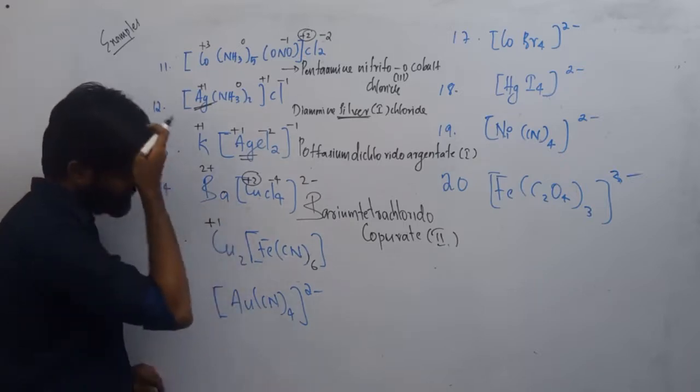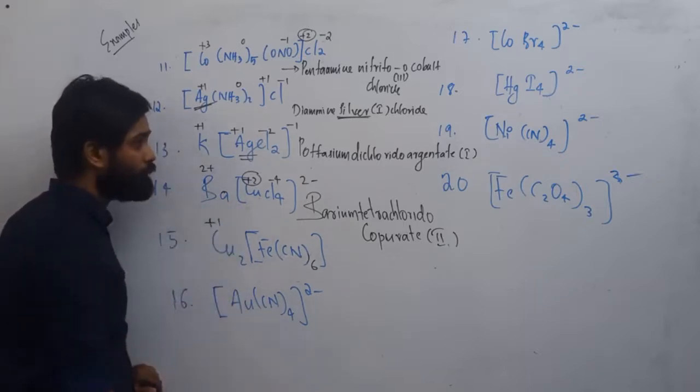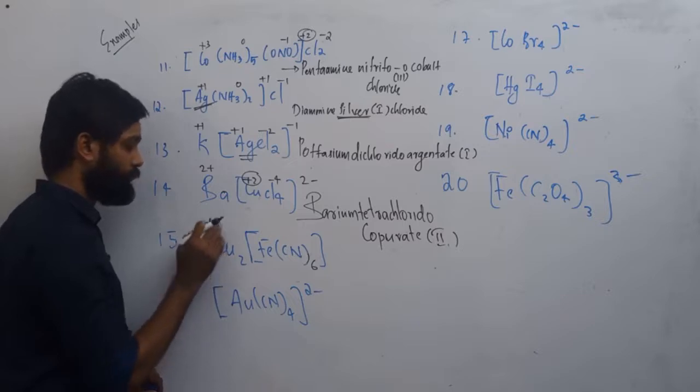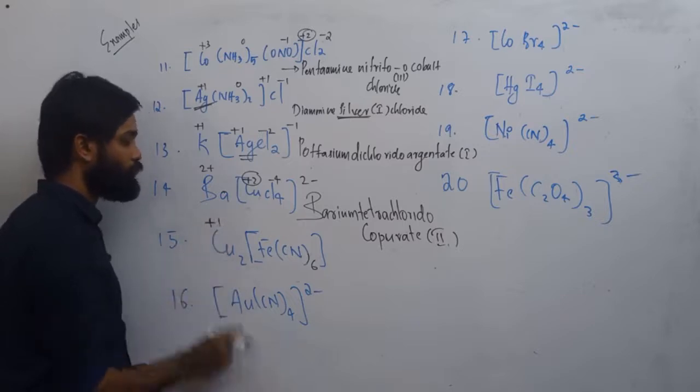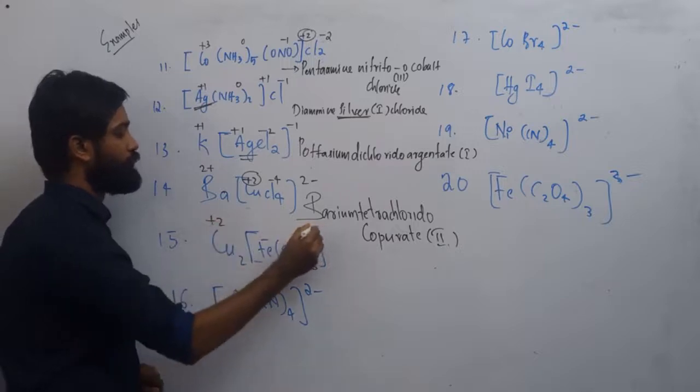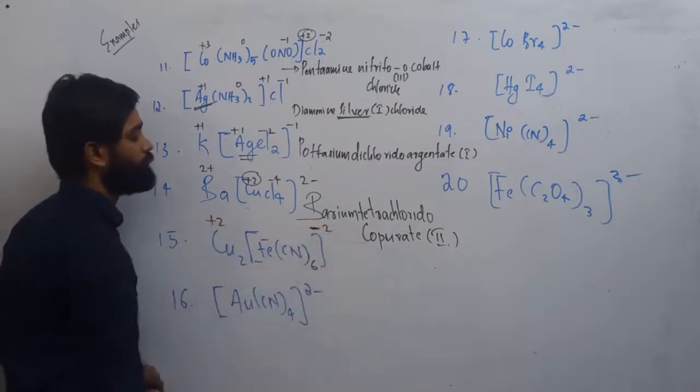Okay, copper can show +1 or +2. So here in the question it is mentioned as +1, so +1 into 2. So here will be +2. So this is -2.